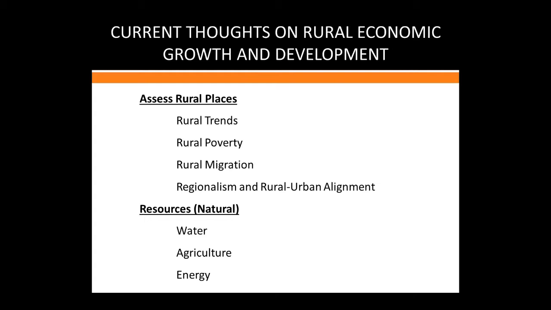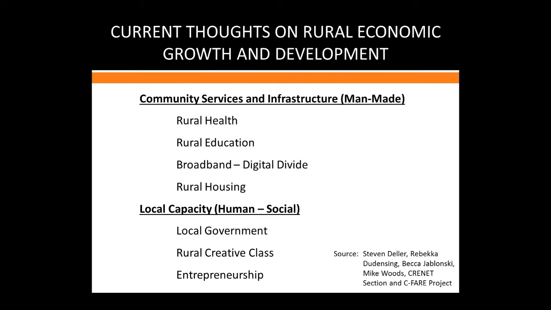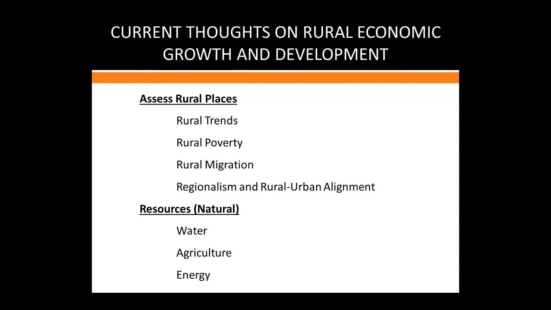These are some topics in this slide: assessing rural places, some of the same things I've talked with you about today, our resources, water, agriculture, energy, community services, which are man-made resources, and then local capacity, human resources. These seem to us to be some of the key areas that we would look at.